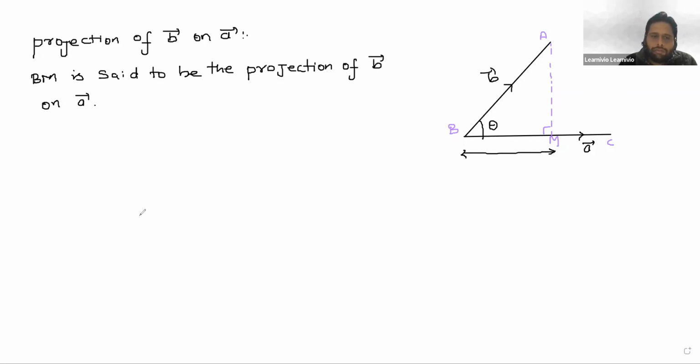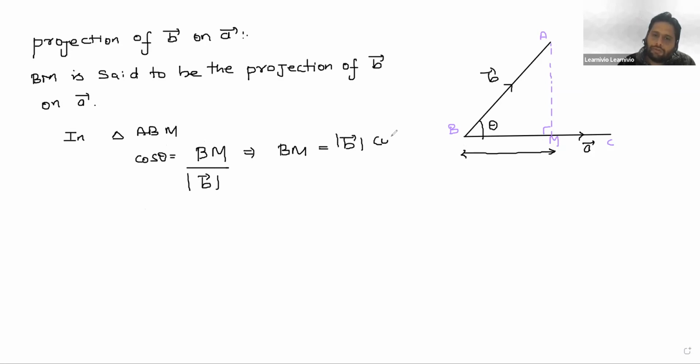Now, please check this. In triangle ABM, cos theta is equal to base BM by hypotenuse, the magnitude of B. So BM is equal to magnitude of B into cos theta.